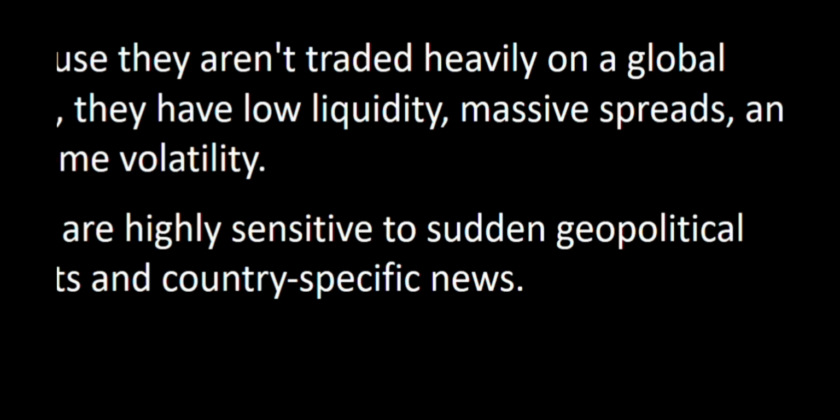These are exotic because they aren't traded heavily on a global scale. They have low liquidity, massive spread, and extreme volatility. They are highly sensitive to sudden geopolitical events and country-specific news.